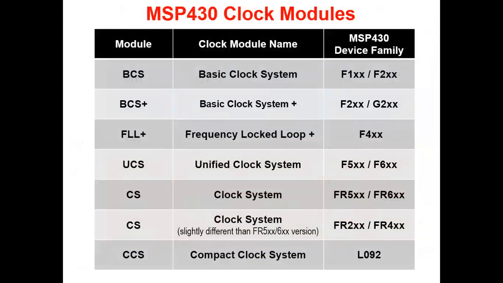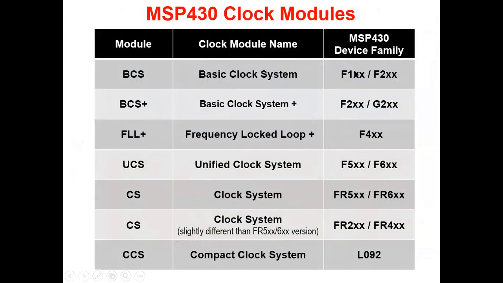Based on these various combinations of clocks, we have various clock modules. These clock modules vary from one version to another. First is the basic clock system (BCS), next BCS plus, next frequency locked loop plus, then the unified clock system, then the clock system, and finally the compact clock system.